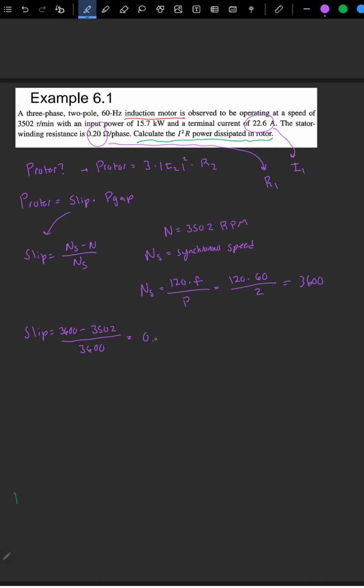It is going to be 0.02722, or 2.72%. So now we have our slip.